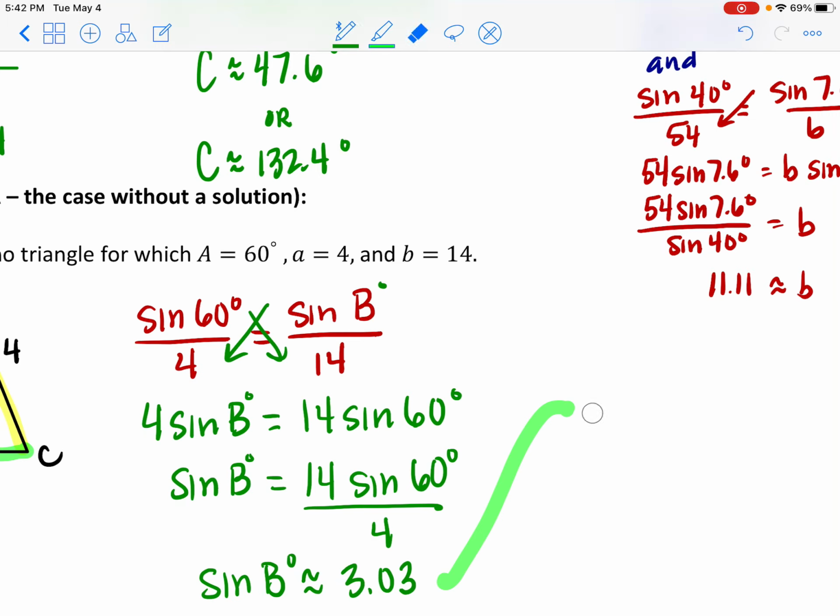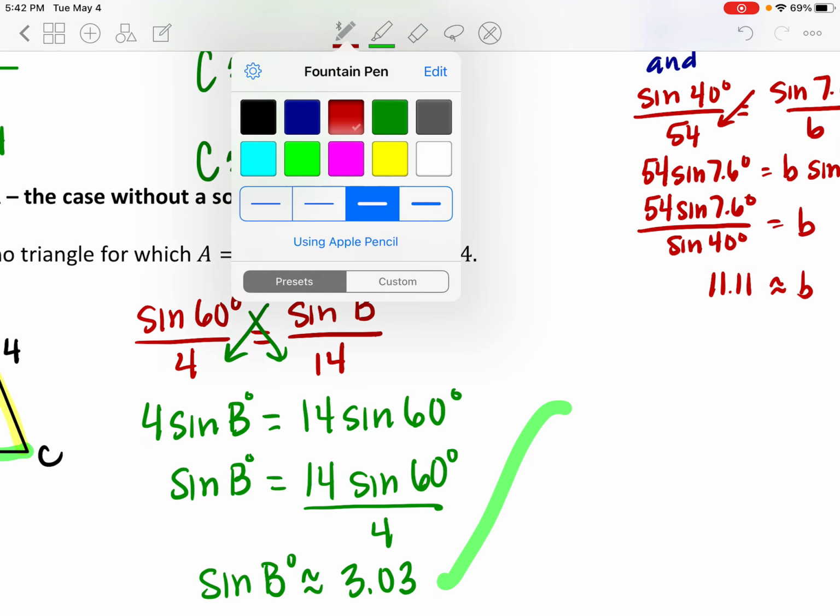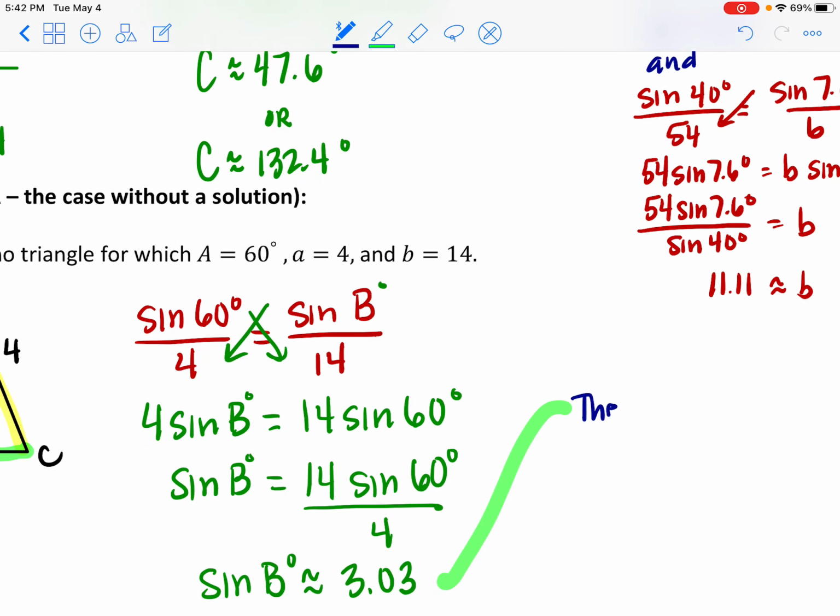Let me make this plain English. The sine of an angle must be between -1 and 1 inclusive.